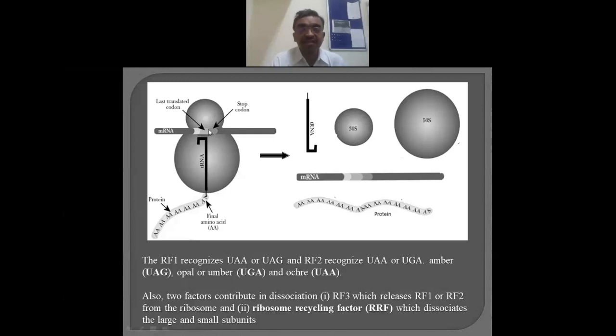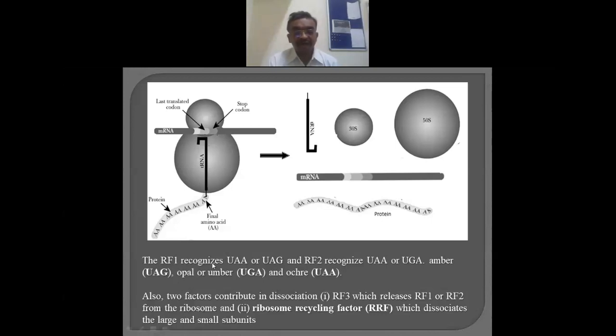It gives the message to the system that here you have to stop. For the stopping, the first signal is the occurrence of the nonsense codon. I already gave the names: amber, opal, ochre. They should appear in the mRNA. But along with that, there is also a requirement of the RF factor.